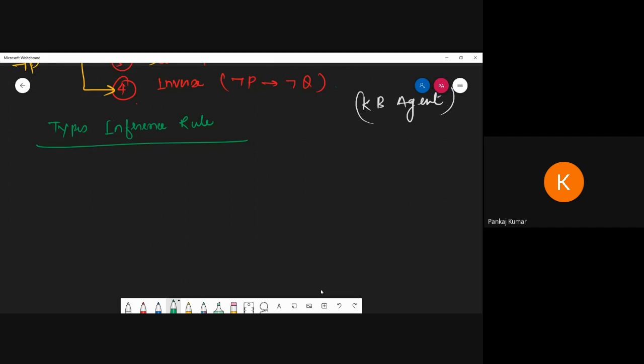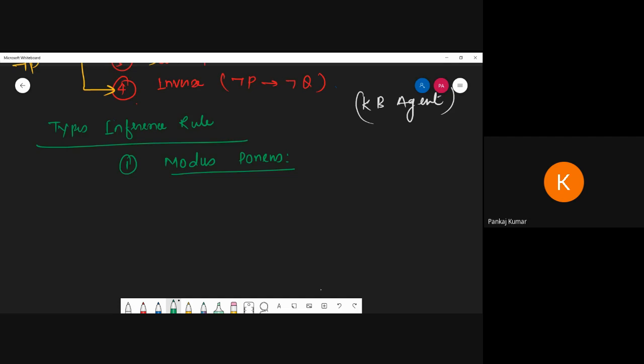We already studied this in discrete mathematics. Modus ponens. So what is the meaning of that? This is a very important rule of inference.